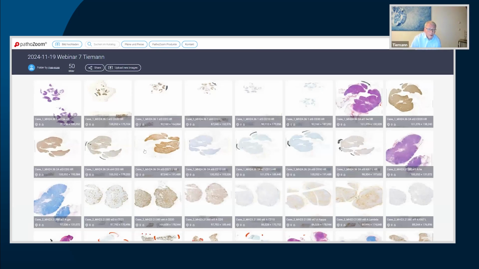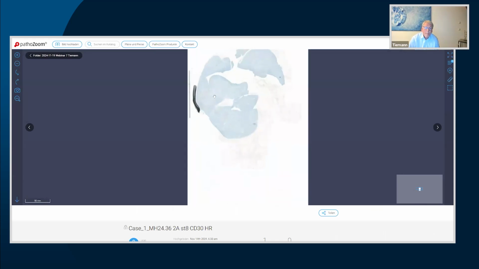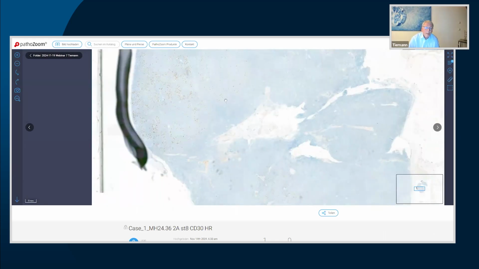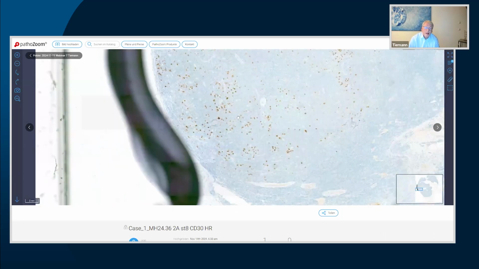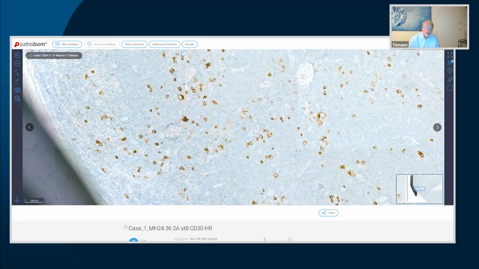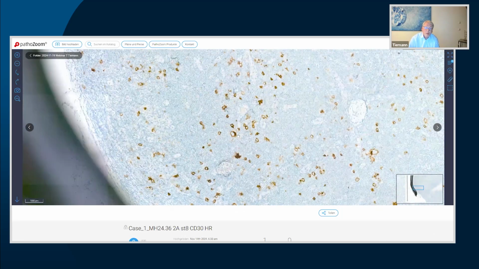And then we have just another point, CD30. And surprise, surprise, here are some CD30 cells included.